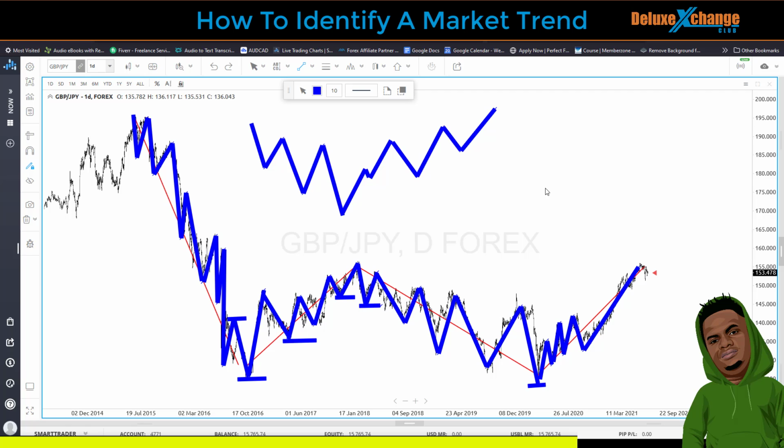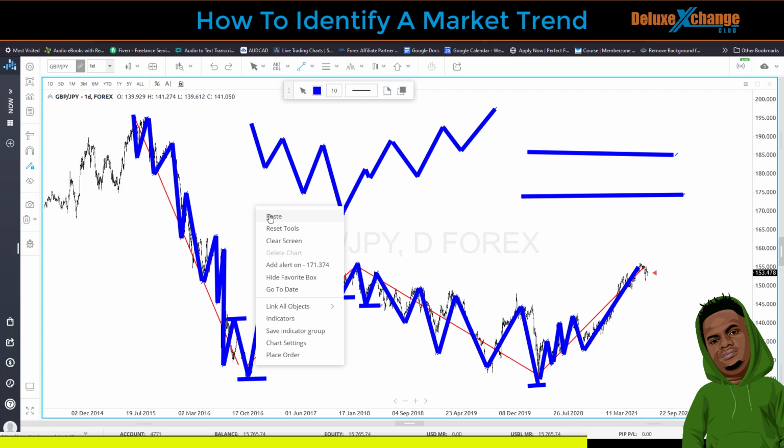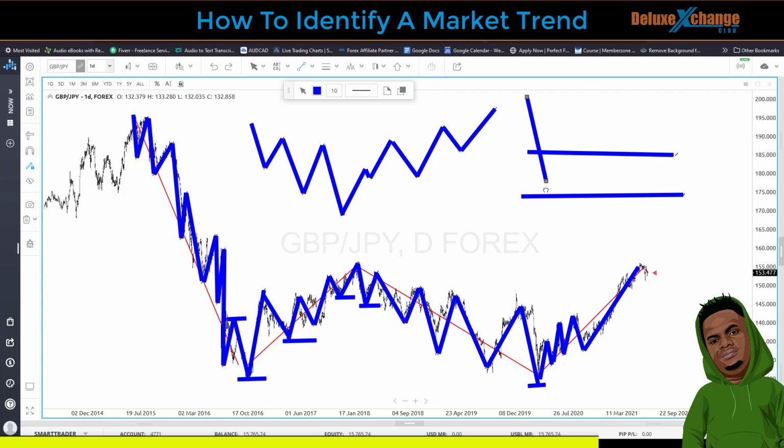In terms of consolidation, what you will do is look for the market moving within a range. And you tend to see consolidation at areas where the bulls and the bears are going to be battling it out, at areas where they are going to be looking to change direction. So when the bears are coming down like this, and the bulls are trying to get into the market, it doesn't just happen instantly.